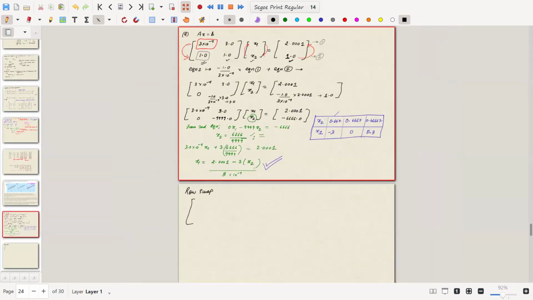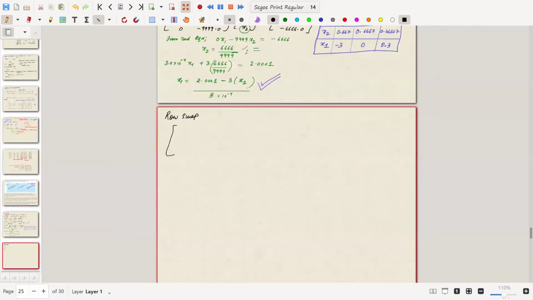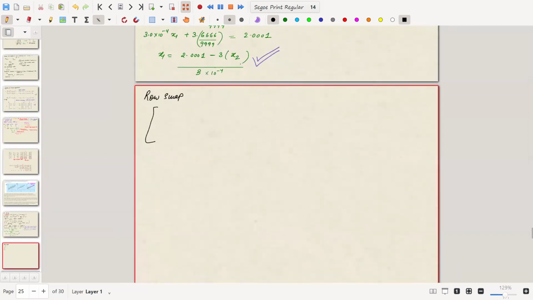If you do a row swap, what do you get? Can you tell, 1.0, 1.0? Is it?